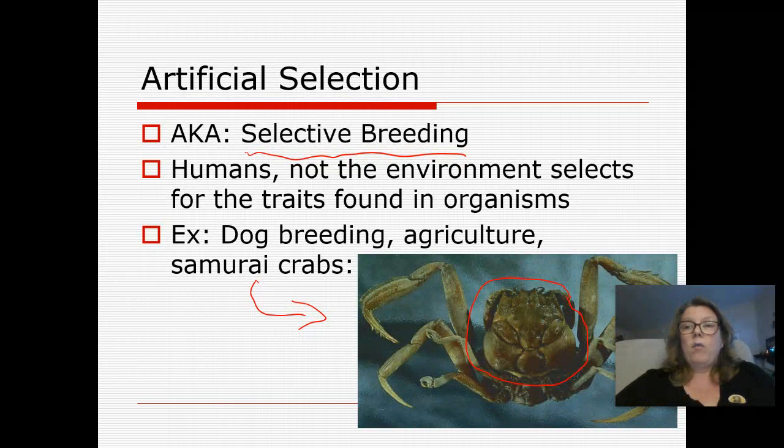And over time, that turned out to be a trait that allowed the crabs to avoid predation from humans. And so now the crabs all have this little face on their back. There's no other reason why that's advantageous. But because humans don't eat the crabs that have those faces, out of respect for the samurai spirit that they believe the crab to be, it helps that crab to survive.